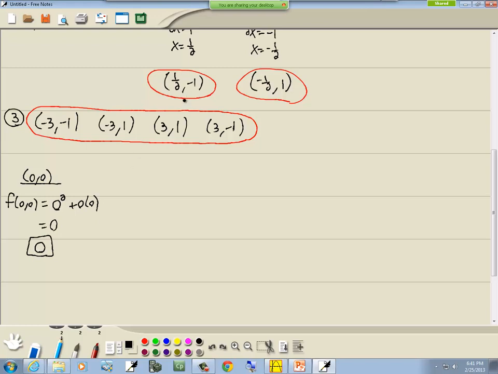Okay, then our next point was 1/2, negative 1. So f of 1/2, negative 1, we're going to have 1/2 squared plus x times y. So we'll have 1/2 times negative 1, which gives us 1/4 minus 1/2, which gives us 1/4 minus 2/4, which is negative 1/4.